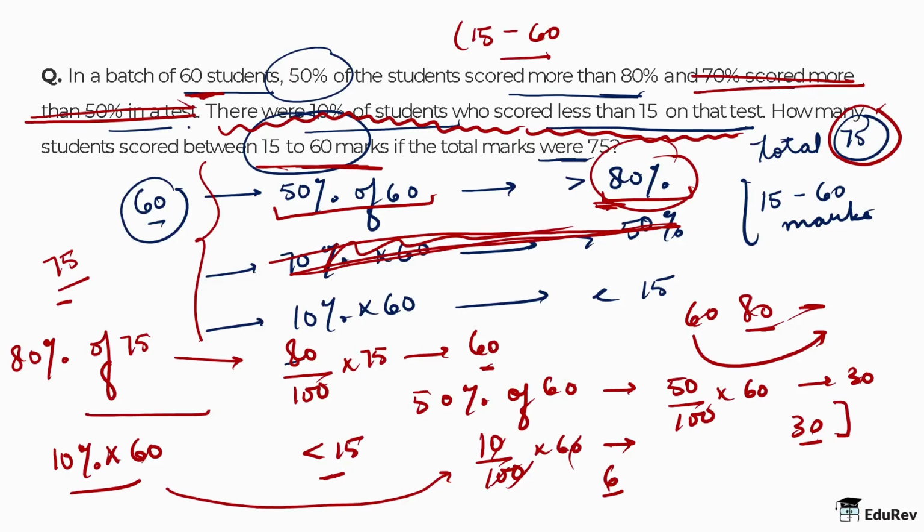So I just need to subtract 30 and 6. When I subtract it, it will be 30 minus 6, which is going to be 24. So finally my answer is 24 students who scored between 15 to 60 marks if the total marks were 75.